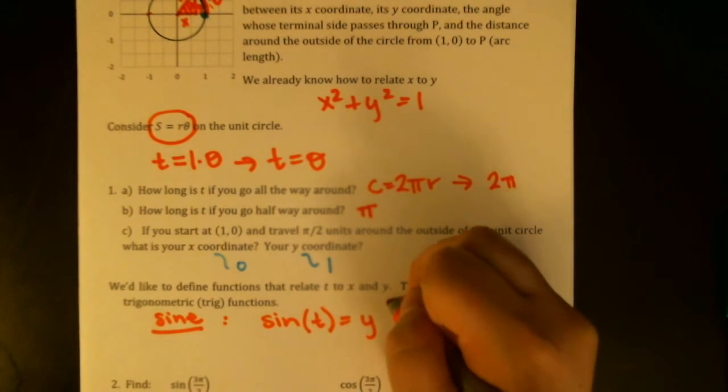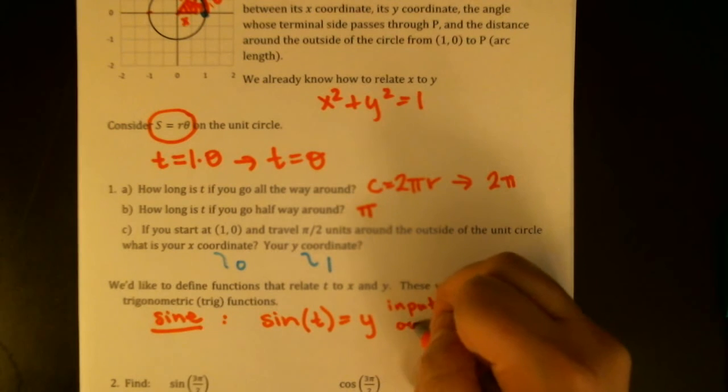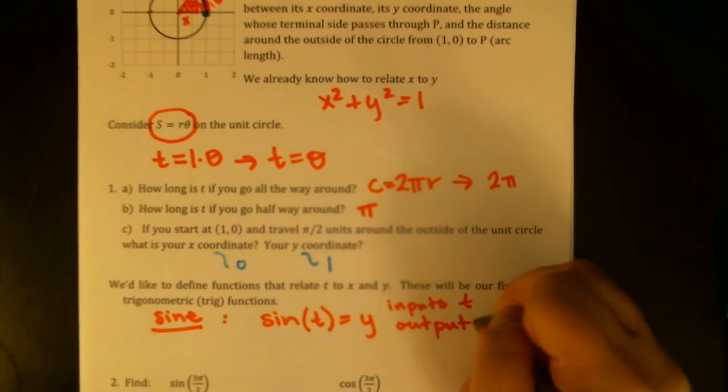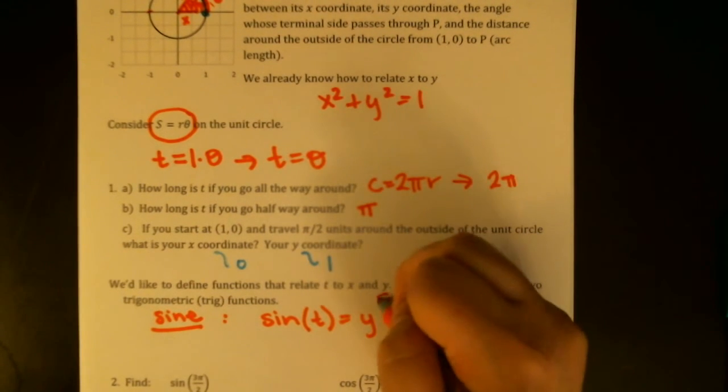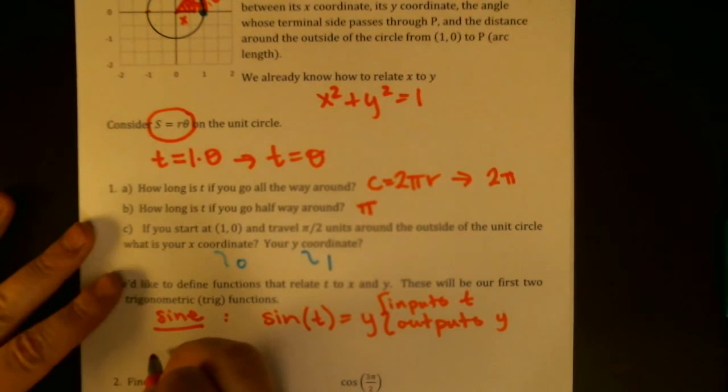So again, inputs t, outputs y. This function says, my job, we don't know how to actually do it yet, but the job of this function is if you tell it your t value, it should tell you your y value. So sine represents y values on unit circles.